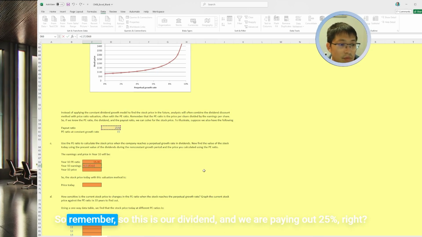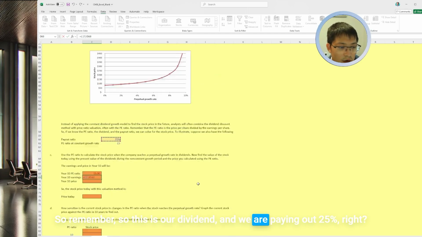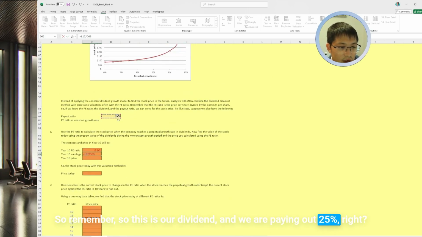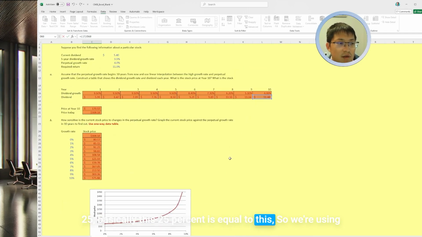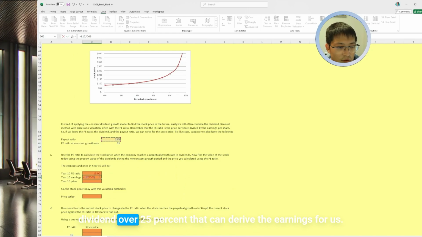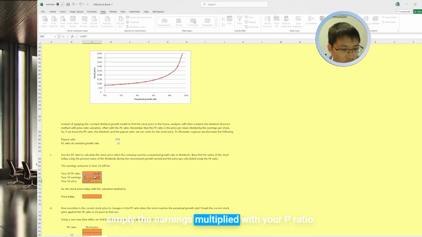Remember, this is our dividend. We are paying out 25%. Basically, this 25% is equal to this. So we're using dividend over 25% to derive the earnings for us. Right? So that is 991. Therefore, the stock price in our case is simply earnings multiplied by the P/E ratio.